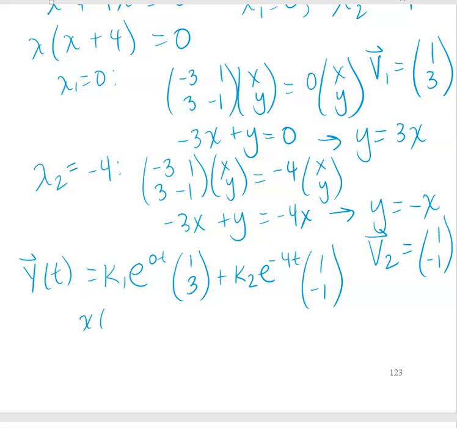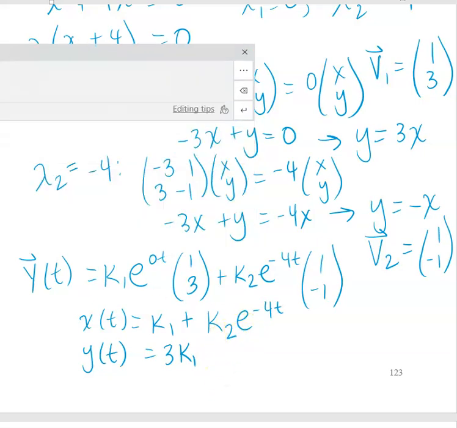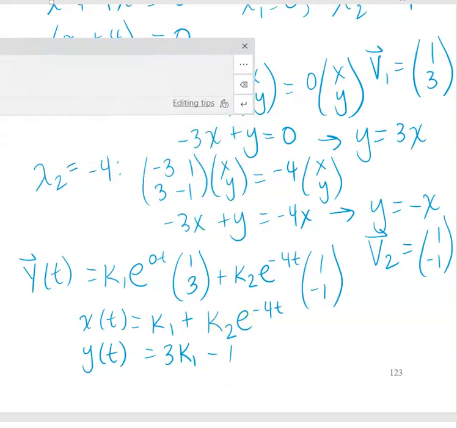We're going to have x of t then is equal to k1 plus k2 times e to the -4t. And then my y component would just be 3k1 minus k2 e to the -4t.